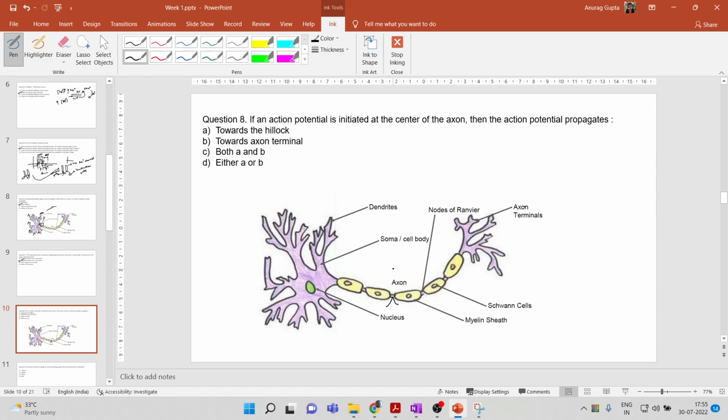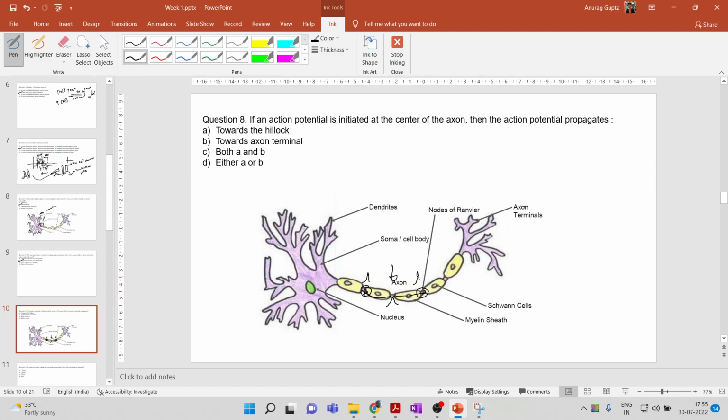This causes an action potential. Then there is an influx of positive ions into the axon, and this diffuses here as well as here, correct? Since the positive charges diffuse in both directions, this area starts to get depolarized until threshold is reached. So then again an action potential is generated.